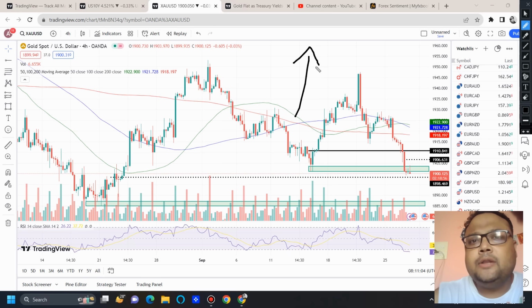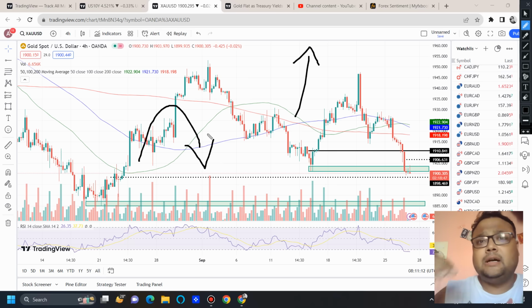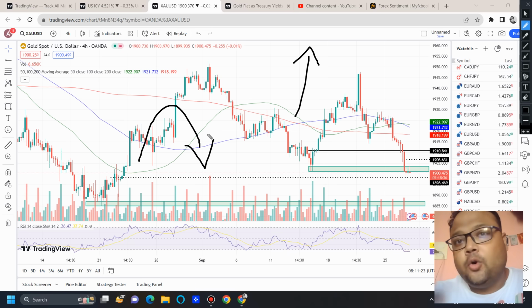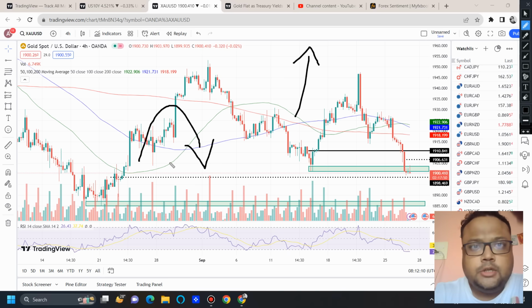News like CPI and NFP are big news, and they have that strength. But the small news we are having these days do not have the strength to change the direction of the market. They will simply bring volatility for 1 or 2 hours, and then the market will continue with the overall sentiment again.